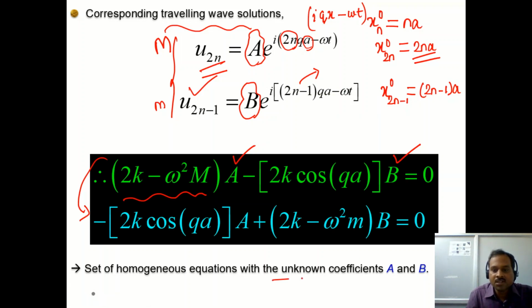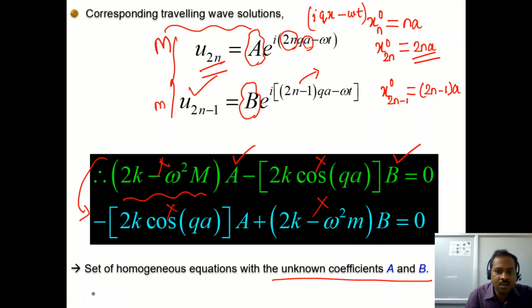Now these unknown coefficients a and b can be obtained through the solution of this set of homogeneous equations. The non-trivial solution will exist if the corresponding determinant is 0. The trivial solution is that a and b are 0, but we are not interested in that.